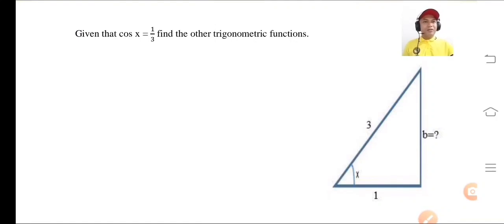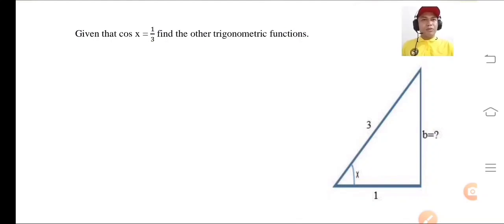Now in solving for b, you can use the Pythagorean theorem or the principles of trigonometric functions. You can either solve using the Pythagorean theorem or the trigonometric functions principles.